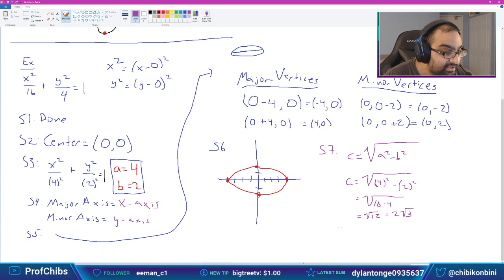So our foci are going to be 0 minus 2 square root of 3, comma 0, and 0 plus 2 square root of 3, comma 0.